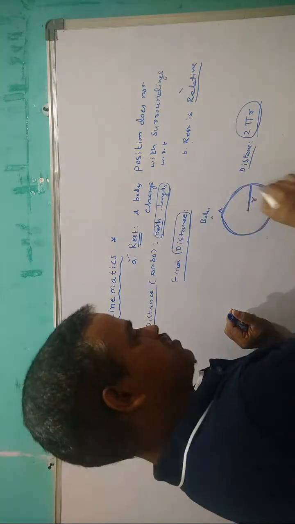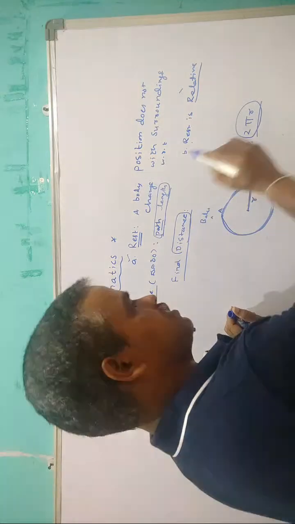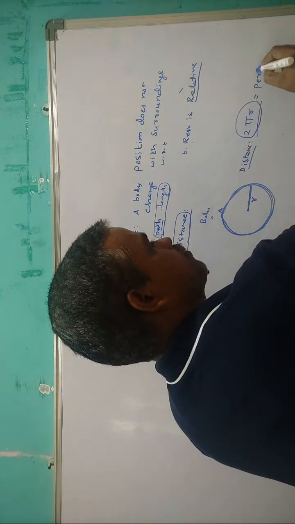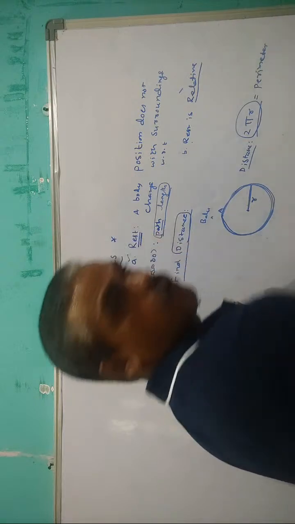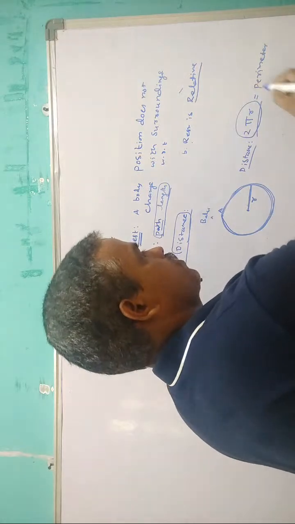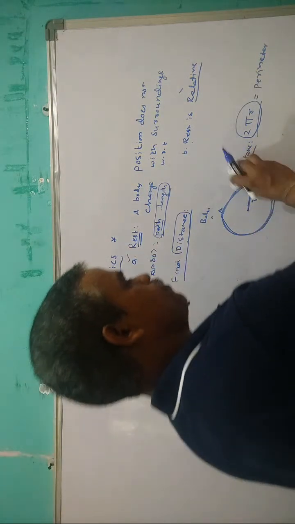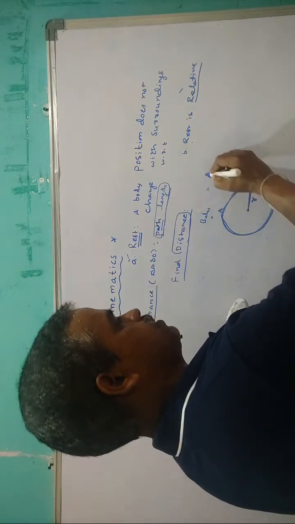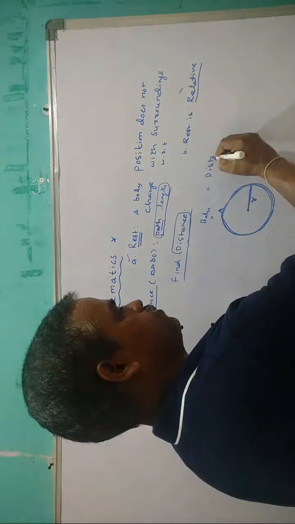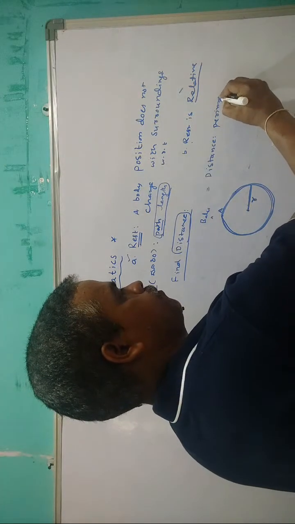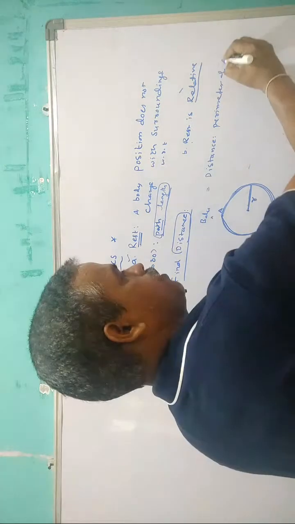So here this is the path. The path length is nothing but the perimeter of the circle.